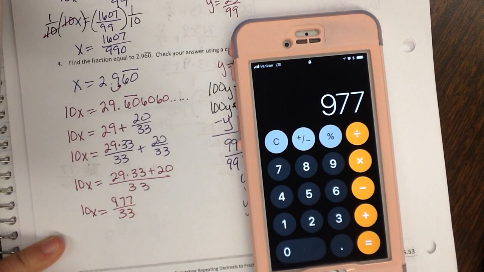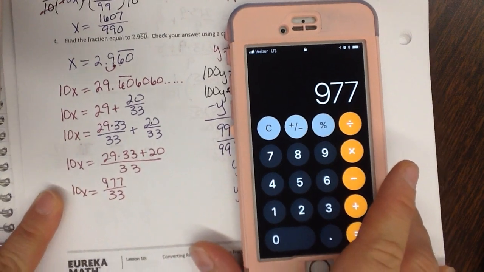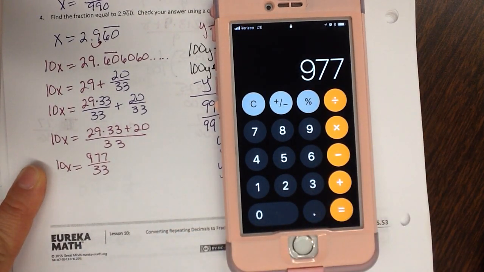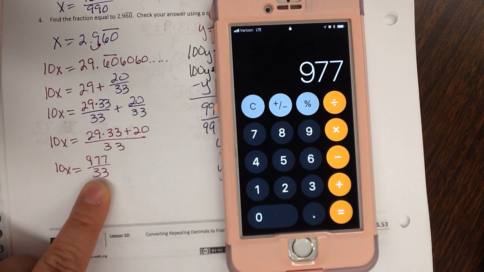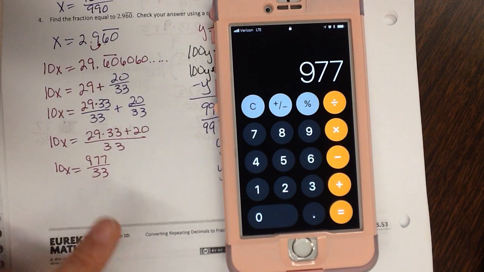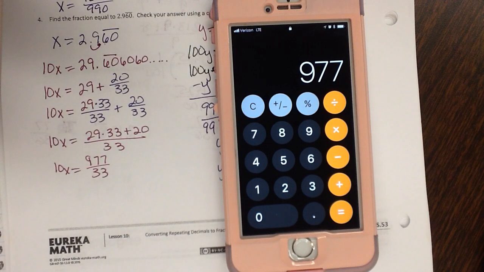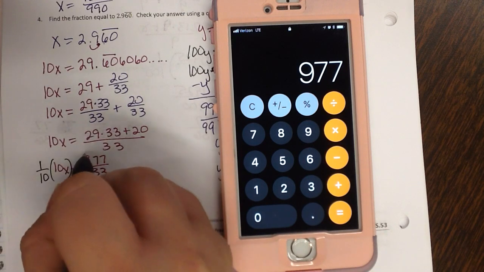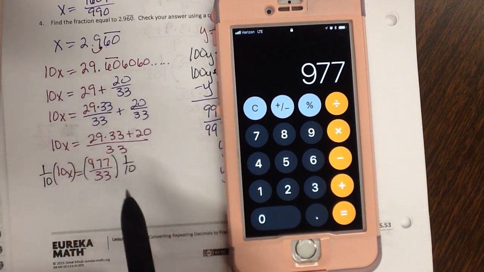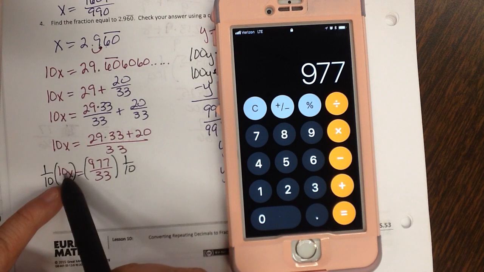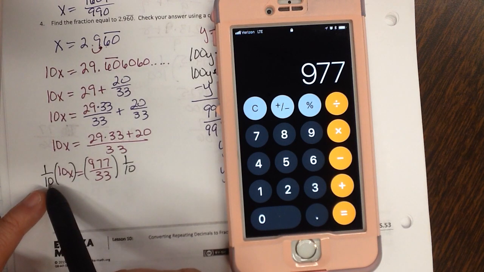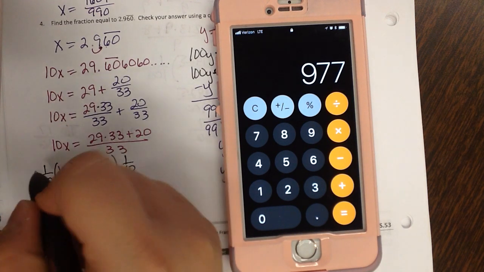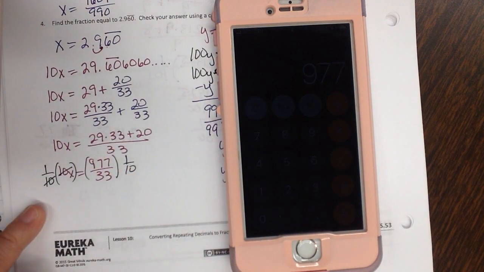Now, I want to get rid of this 10x. The opposite of multiplication is normally division, but I have a fraction here. So I'm going to multiply both sides by the same number to get rid of the 10, and that would be multiply this side by 1 over 10 and multiply this side by 1 over 10. I'm doing this because our number here is 10, so that's what I put in the denominator. If it were 1,000, it would be 1 over 1,000. I'm using 10 because this is able to cancel each other out right here.